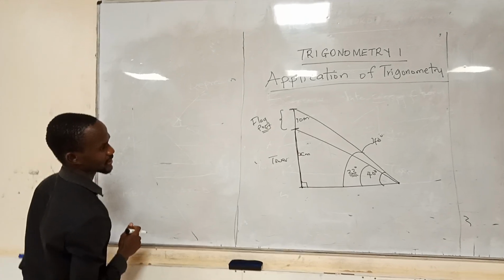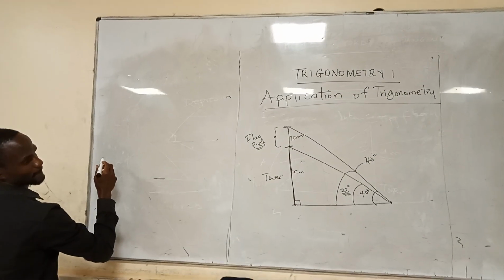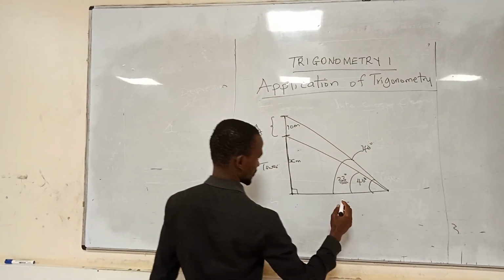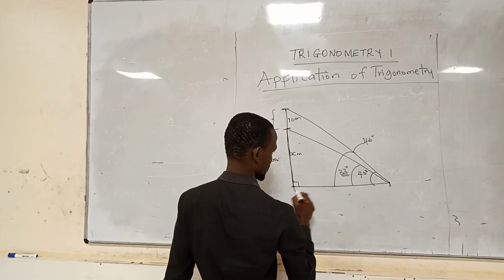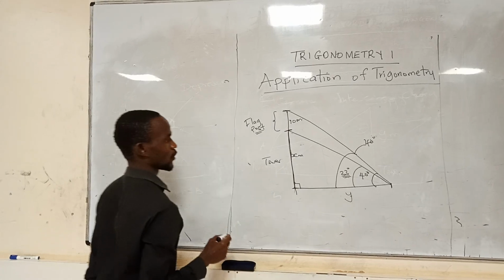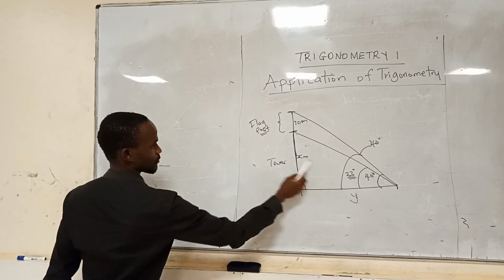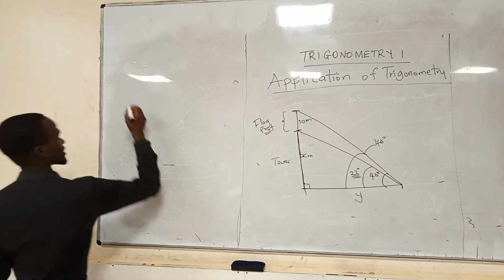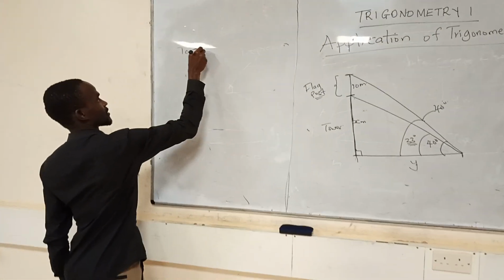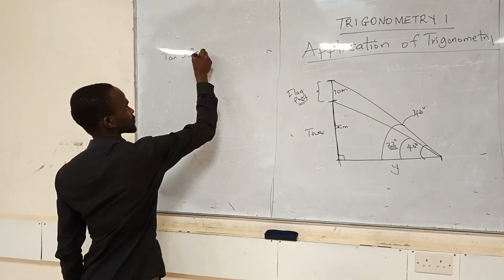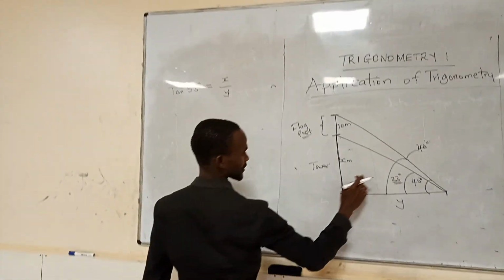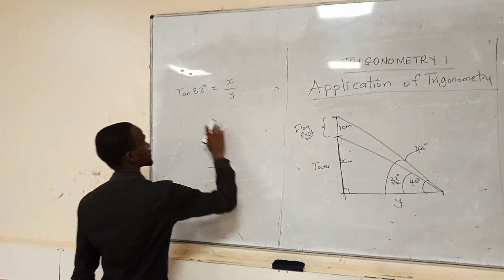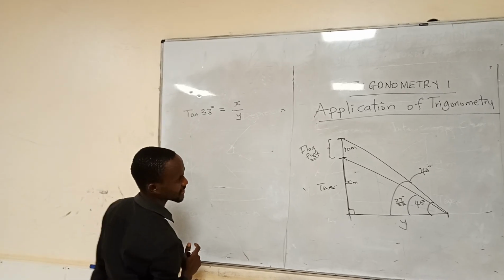Let's say this is the horizontal distance, let's call it y. So this is opposite and then adjacent. So tan 33 degrees will be equal to x over y, opposite over adjacent. That's tan 33 degrees.